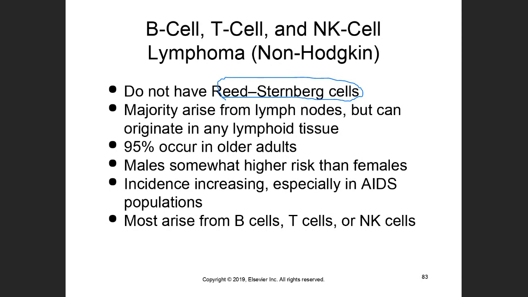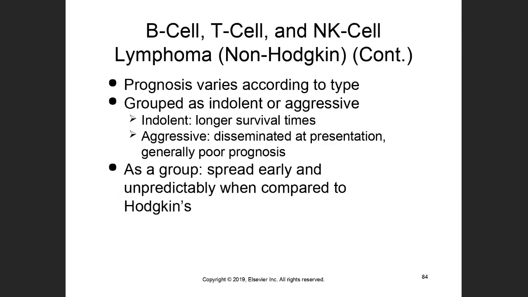That's a type of non-Hodgkin. Prognosis varies according to the type, group of indolent or aggressive. Indolent is less severe, with longer survival. Aggressive is disseminated at presentation.